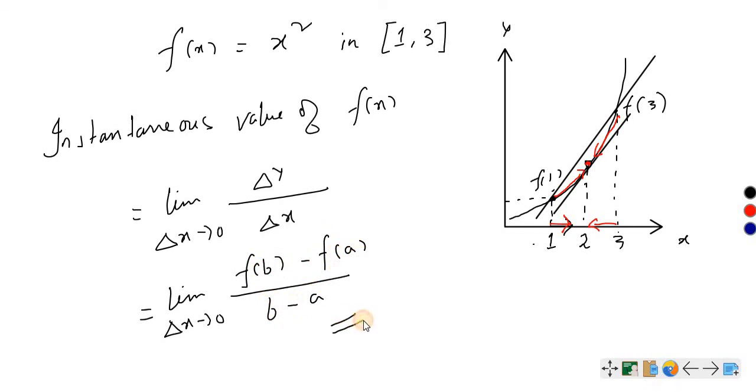So this is how we represent it, and this is also the slope of the tangent at this particular instant. So this is what instantaneous quantity is, and we have already seen what an average quantity or value of a function is. Now let us try to understand differentiability.